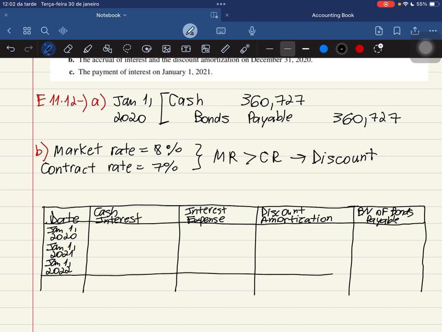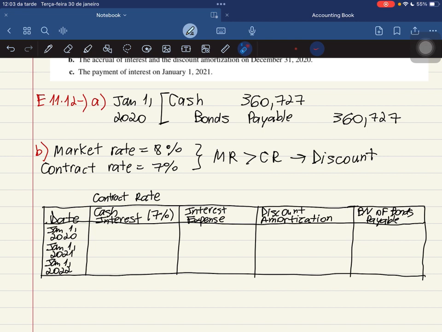Okay, a few important things for us to know. The first interest that we have is the cash interest. For this interest, we are going to use the contract rate. In this case, it is 7%.